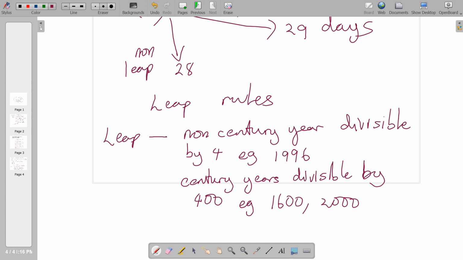Because we have to know leap years by the remainders that they leave, whether it's a non-century year or a century year. First off, we have to figure out if a year is a century year or not a century year. And once we figure that out, then we could go further and figure out whether it's a leap year or not. Make sense?